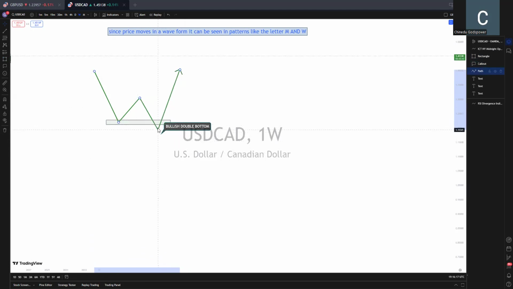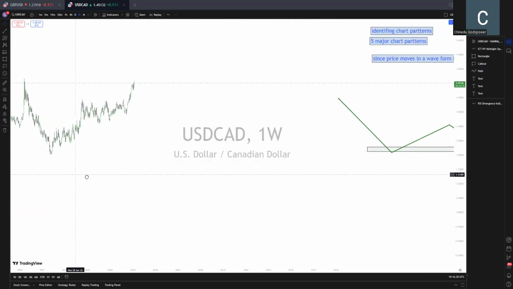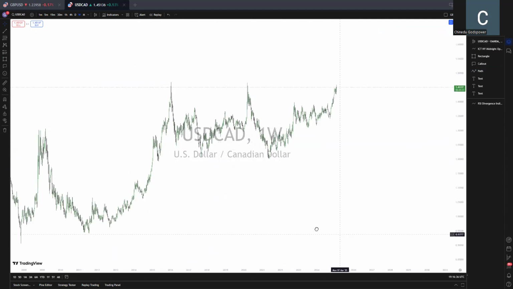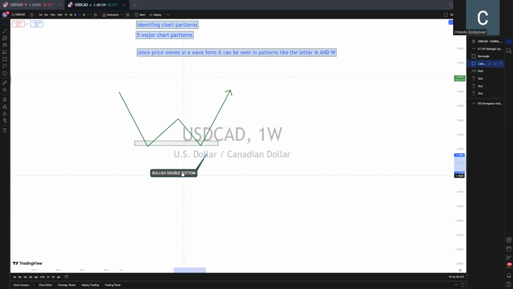For that one, we're going to teach in future advanced classes. You can see something like this too. But it is a W pattern, right? If you look at the charts, you see that it's not looking equal, but you can see a W pattern formed there, right? So that's it.